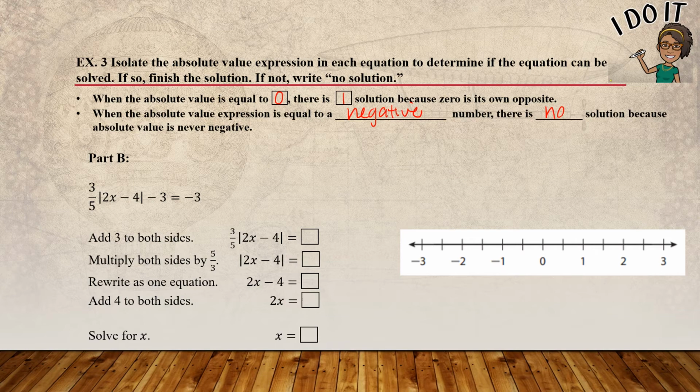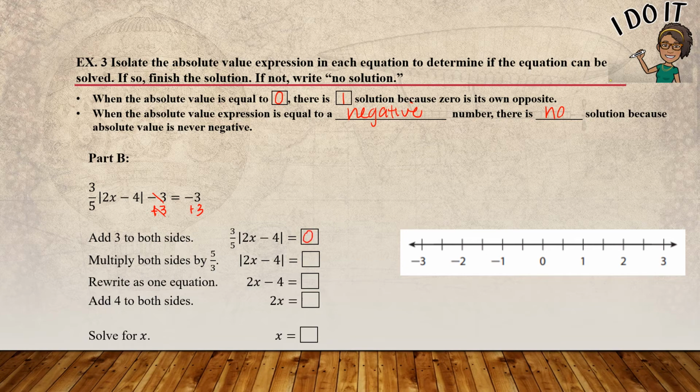So we have the absolute value equation, 3/5 times the absolute value of 2x minus 4, minus 3 equals -3. So again, we isolate the absolute value expression by adding 3 to both sides. We are left with 3/5 times the absolute value of 2x minus 4 equals 0.